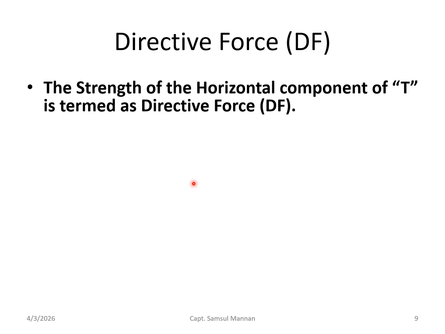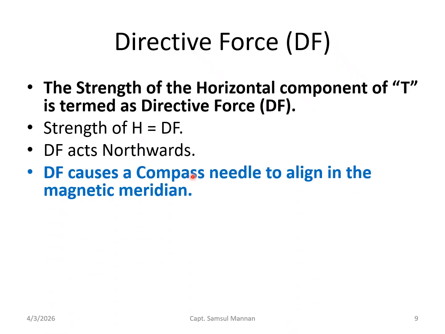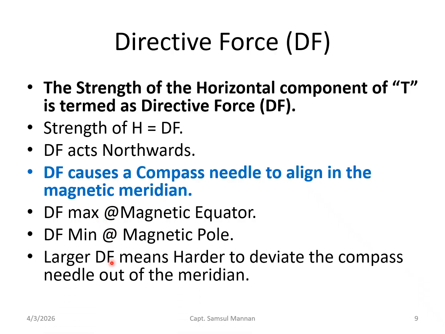The H is the directive force, right? The strength of H is directive force. This directive force acts northwards always, right? This directive force causes a compass needle to align in the magnetic meridian, right? And directive force is maximum at the magnetic equator and minimum at the magnetic pole.